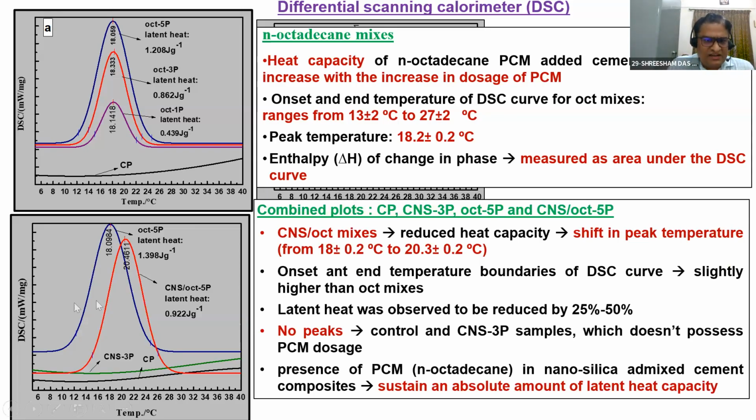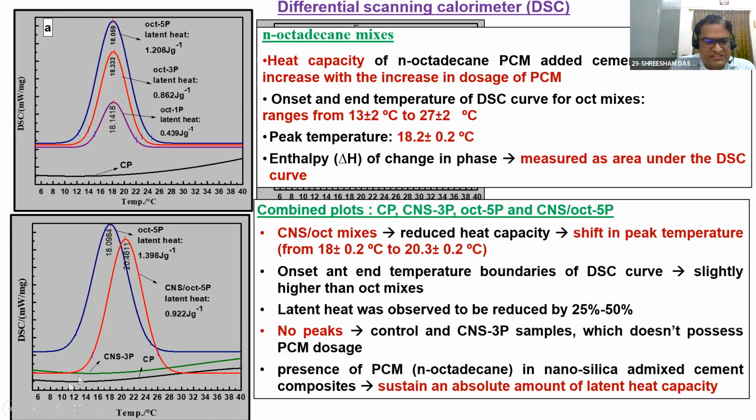Now the second one you can see. The black one is the control mortar. It is just a straight line, and the colored nanosilica 3% when I added, it is also just a black line. There is no much change in the peaks, or means there is no capacity of heat absorbance.